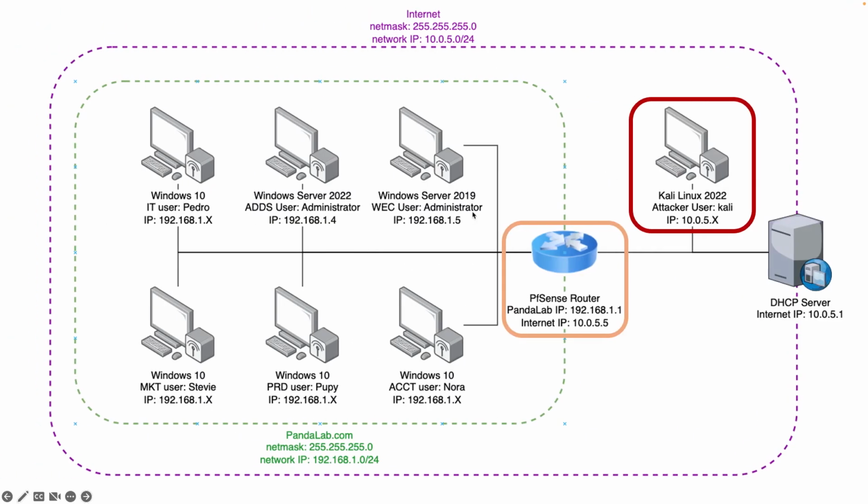And if you remember our network design, the two machines that are receiving an IP from the DHCP server of our internal network or the internet are Kali Linux and the pfSense router. So let's try to ping Kali Linux from our router.